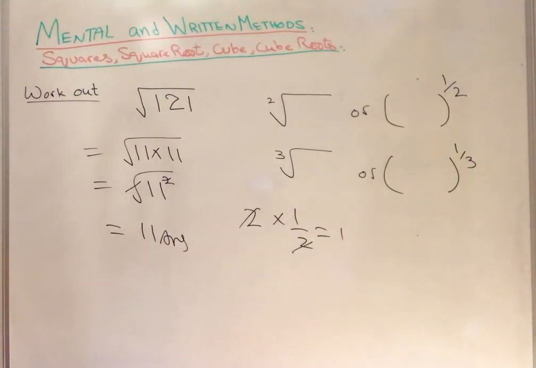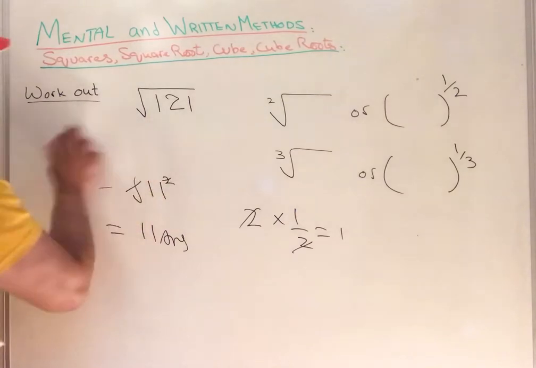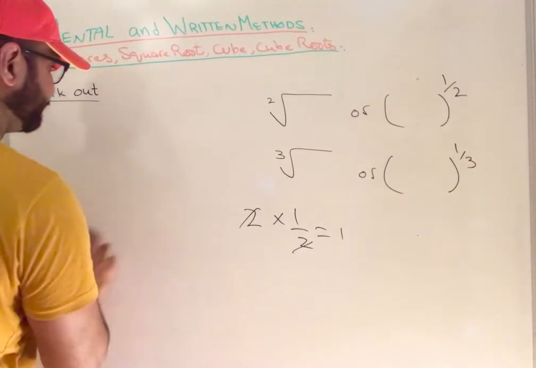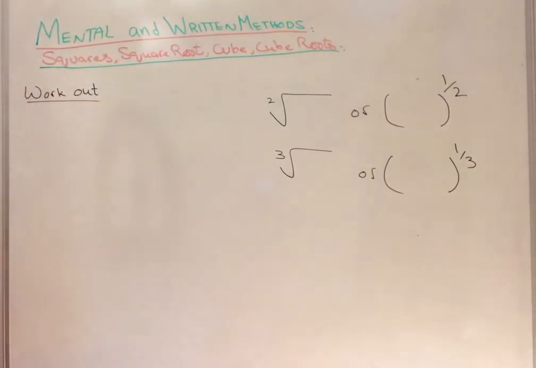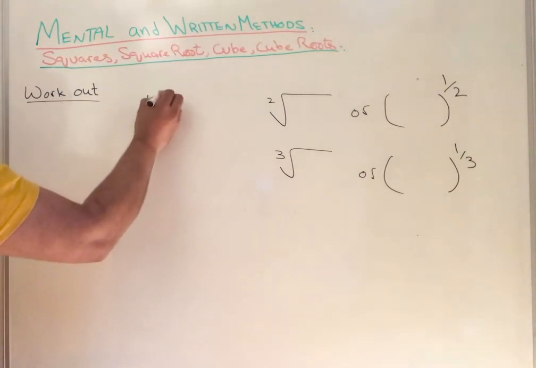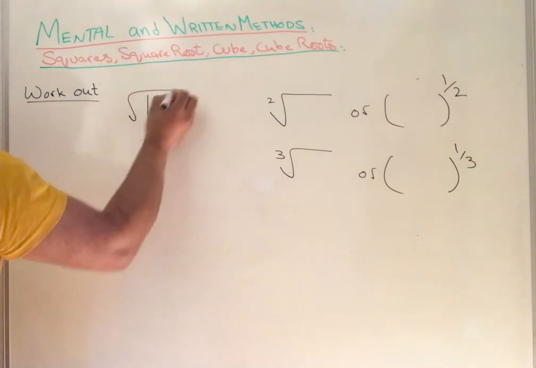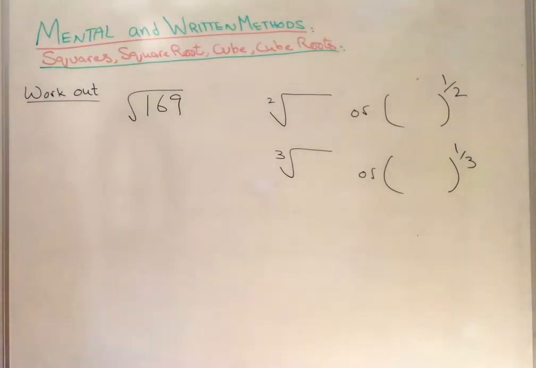We do more. So this is again more than that one. 11 square we already did, it's 121.